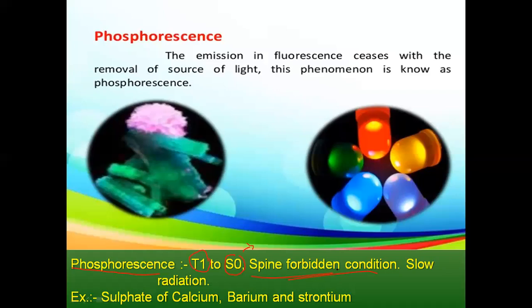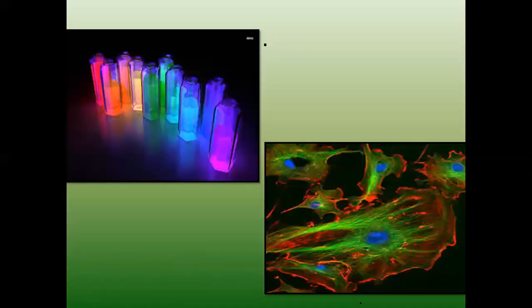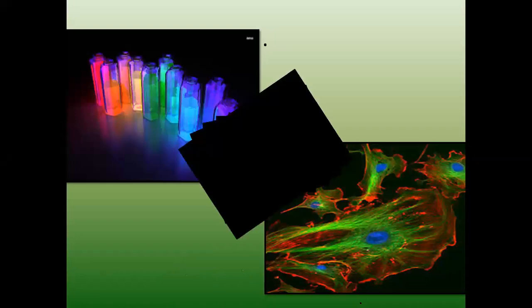An example is the sulfate of calcium, barium and strontium. So this is all about fluorescence and phosphorescence. These are some examples.